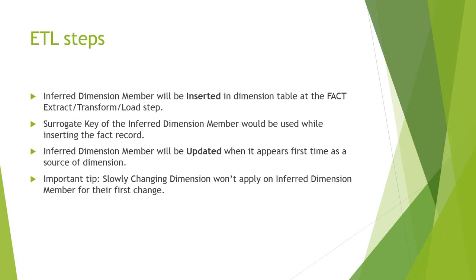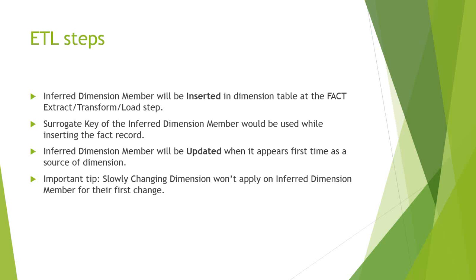So in most cases, the fact record, which has the business key of the dimension member, will have that business key in the dimension. So with a join, you will get the surrogate key of that dimension, and we will put that in the fact record. But sometimes the business key in the source of the fact record is not in the dimension. We call that an inferred dimension member.